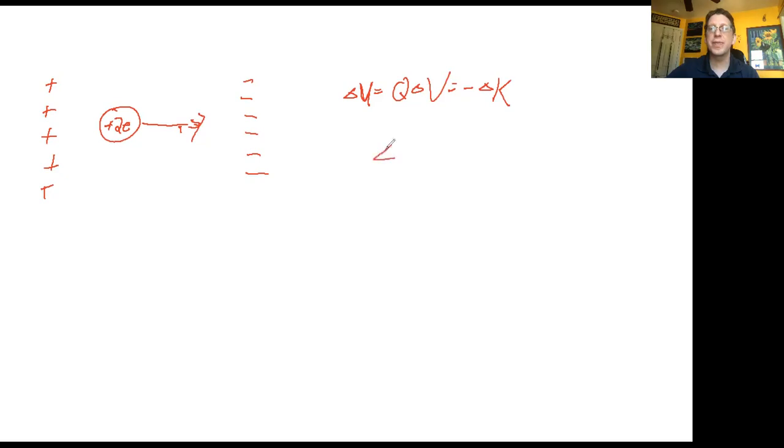So the potential difference is equal to negative delta K over Q.